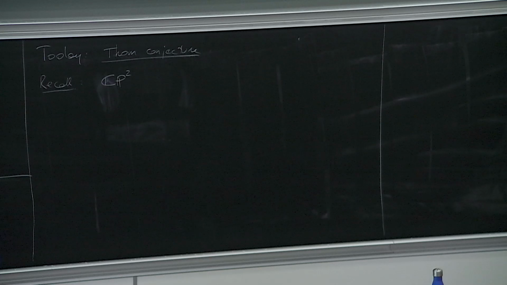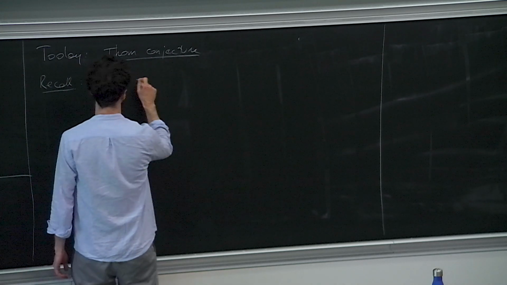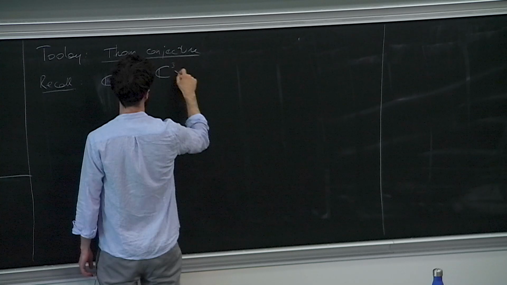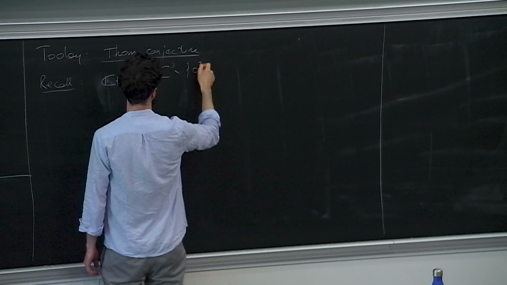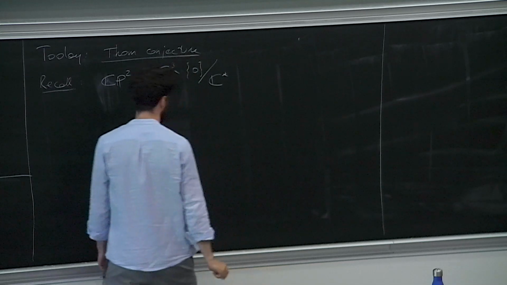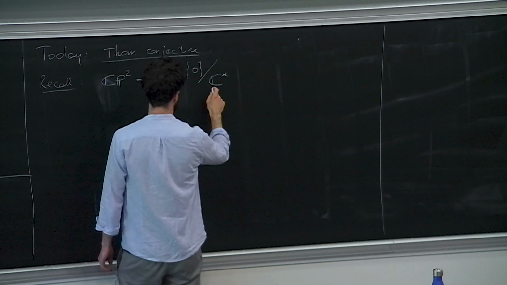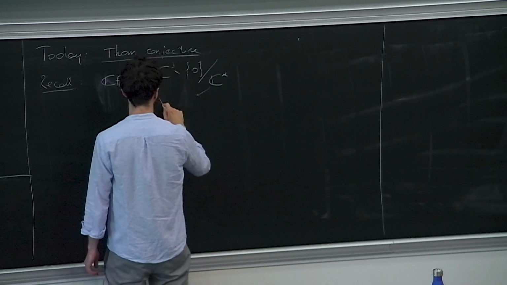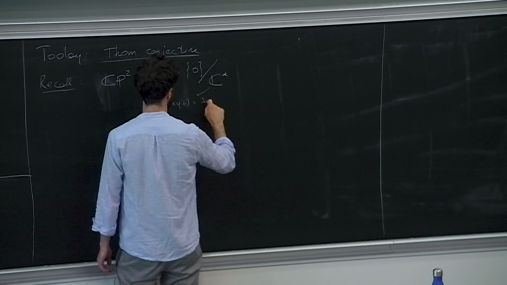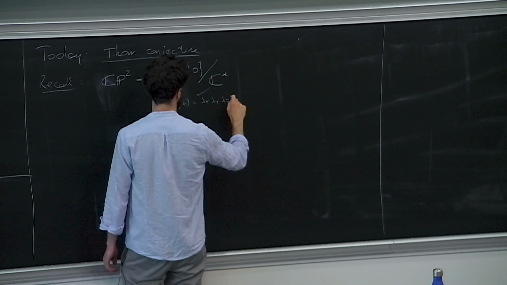CP2, the complex projective plane. This is defined, well, algebraic geometers like to define it as C3 minus the origin modulo the action of C star. This action is the diagonal action, so lambda of x, y, z is equal to lambda x, lambda y, lambda z.